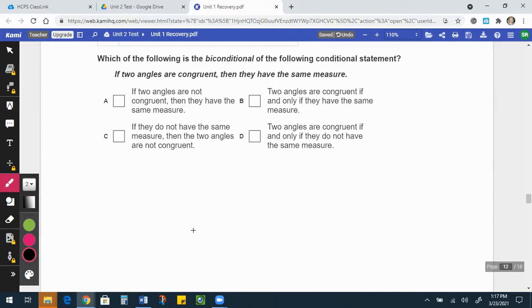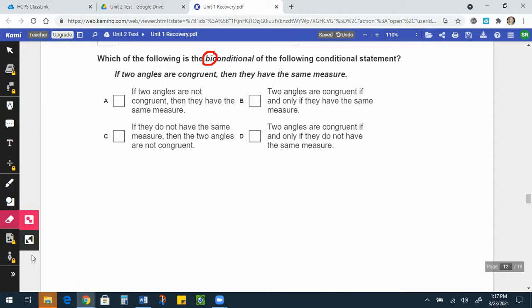Question 10. Which of the following is the biconditional of the following conditional statement? So y'all, for a biconditional, I know I have to do two things because bi means two. Well, that didn't turn out very good.